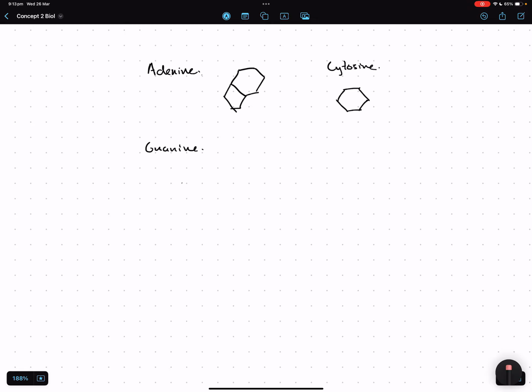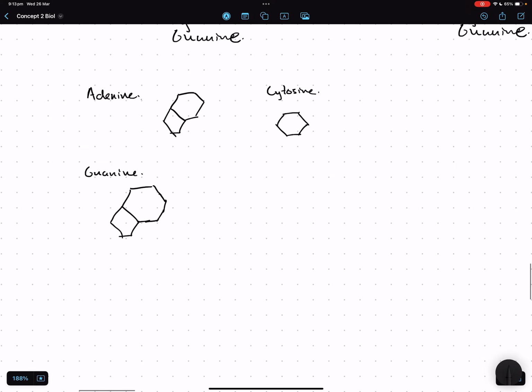I'll try and draw this as best as I can. But you see that these ones are, and thymine. And thymine will look the same as uracil. Pretty similar anyway.